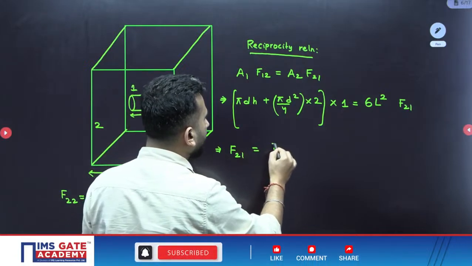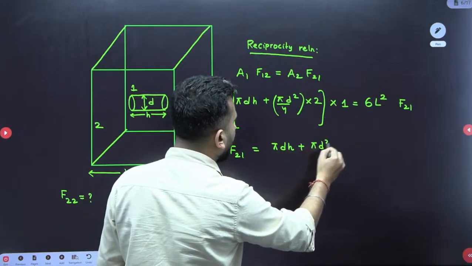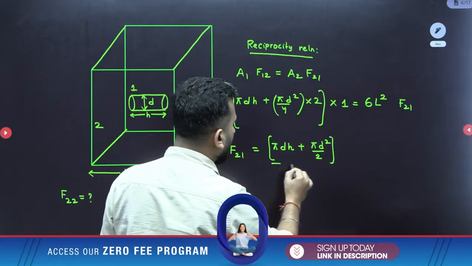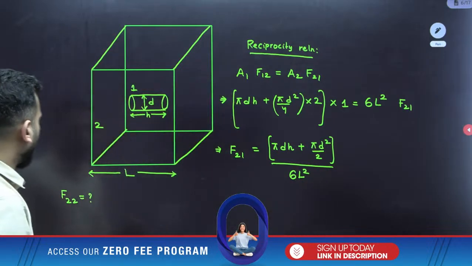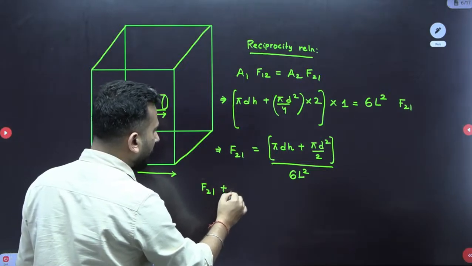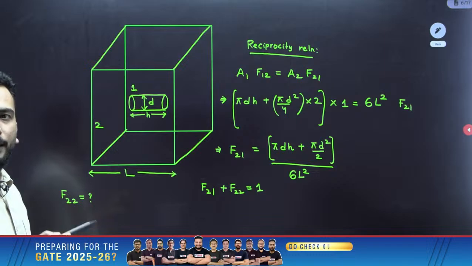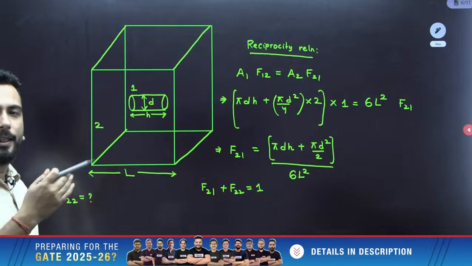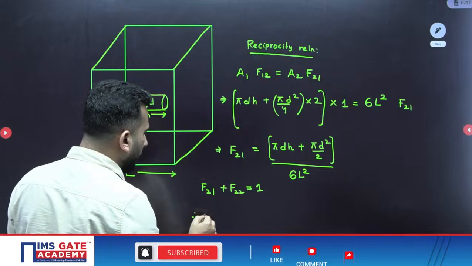F21 will be pi dh plus pi d square by 2, whole divided by 6L square. But he is not asking F21. So you know that for body 2 I can use F21 plus F22 is equal to 1, that is the sum of the view factors is equal to 1. Some heat is intercepted by the cylinder and some heat is intercepted by the cube itself. So F21 I know, so I need to find out F22.